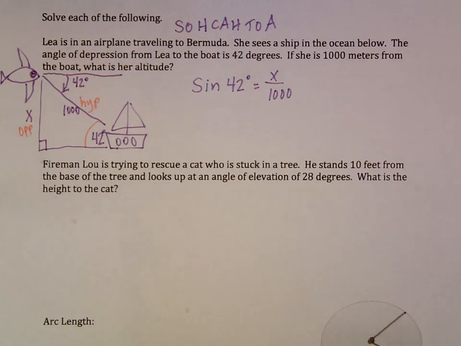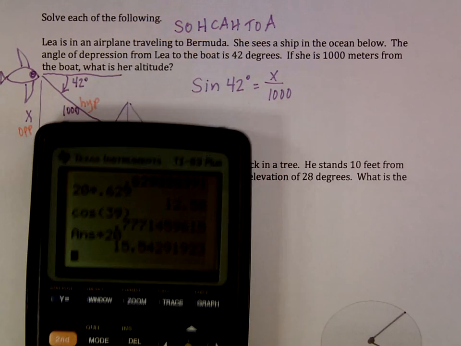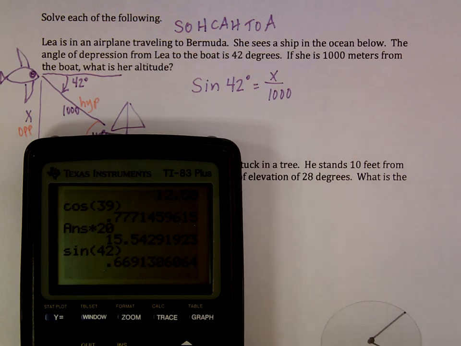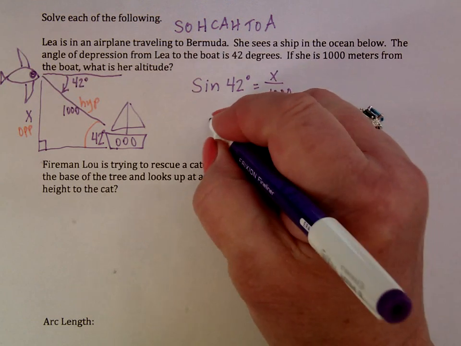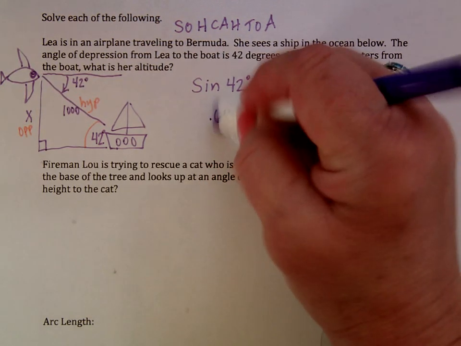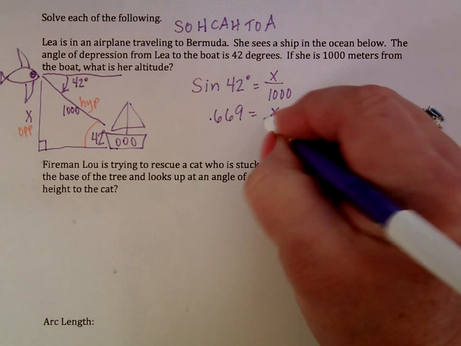All right, so I need to figure out what the sine of 42 degrees is. So I go back to the calculator, and I put in sine of 42. And it says 0.669. So 0.669 is x over 1,000.